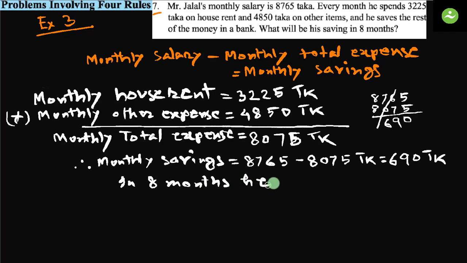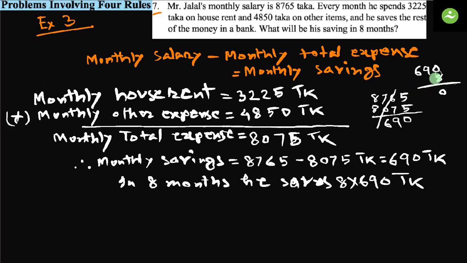how much? 8 into 690 taka. If we multiply 690 and 8: 8 times 0 is 0, 8 times 9 is 72, 7 and carry 7, 8 times 6 is 48, and 7 is 55.